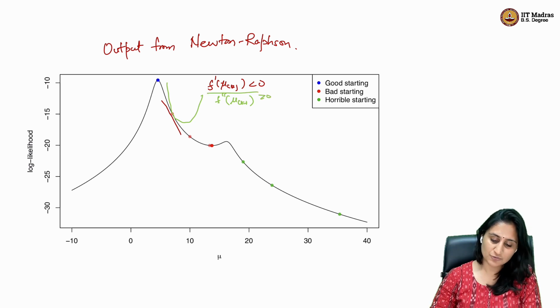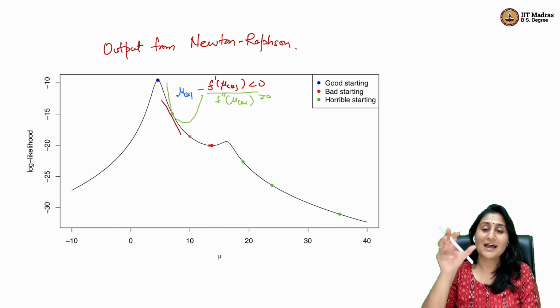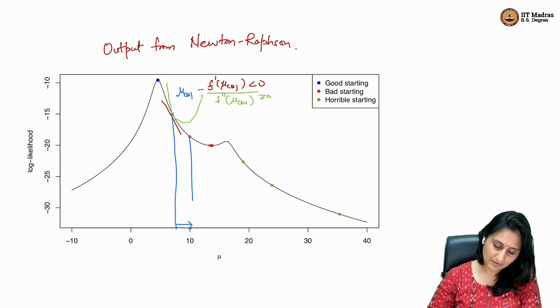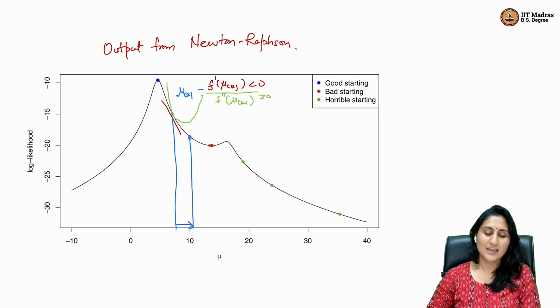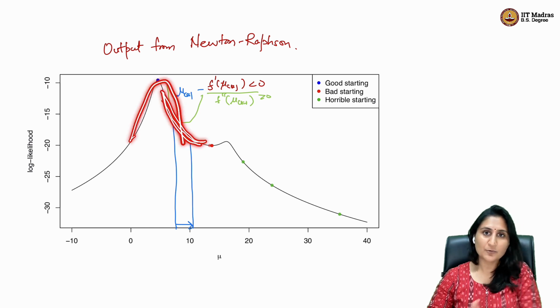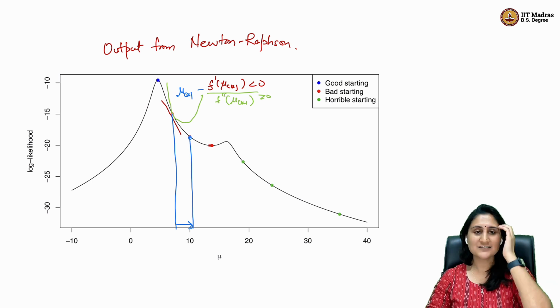When I look at their ratio and take a negative over here, I see that there are two negatives, which means it's a positive. So I'm adding a positive value to mu k, which means I go from this direction to this direction, exactly where I land up here. This is primarily because I have convexity in this part. If I had concavity, then I would go in the opposite direction. But I have convexity, so it goes like this.